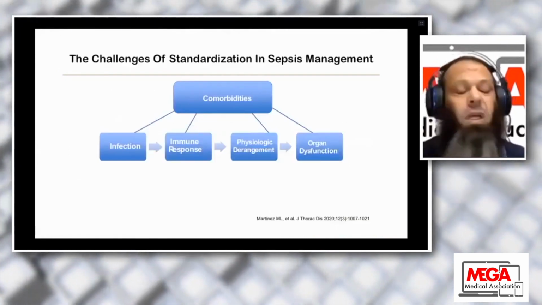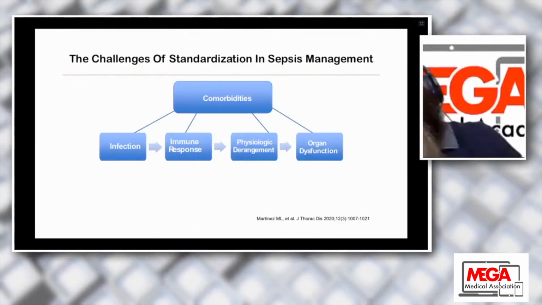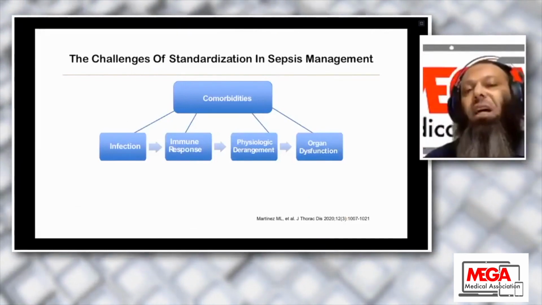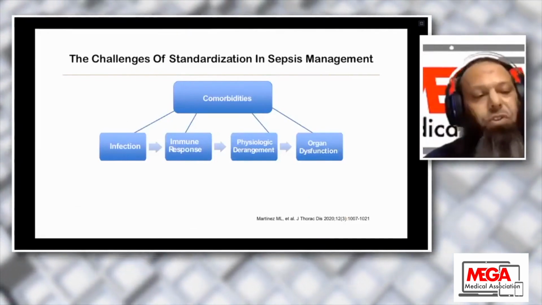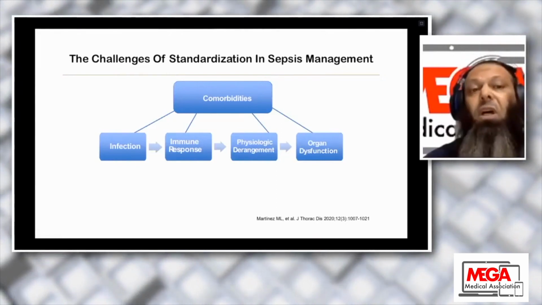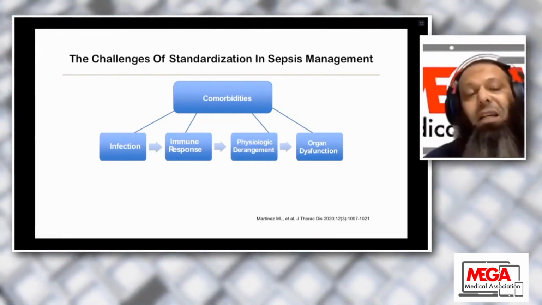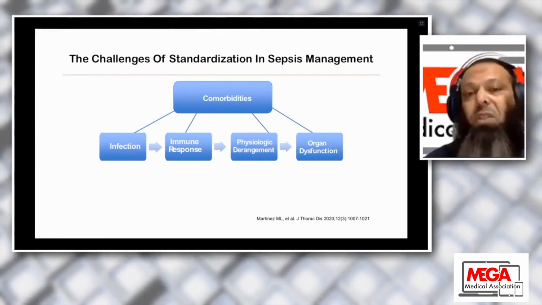So if you ask me what are the challenges to standardize the sepsis management, this is a worldwide question, and this is one of the major concerns. Till now, you cannot standardize the sepsis syndrome management. Why?